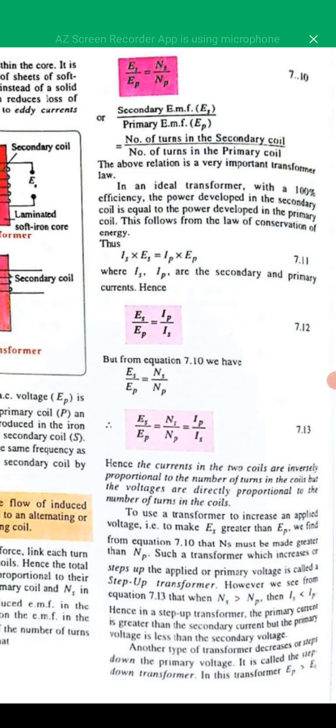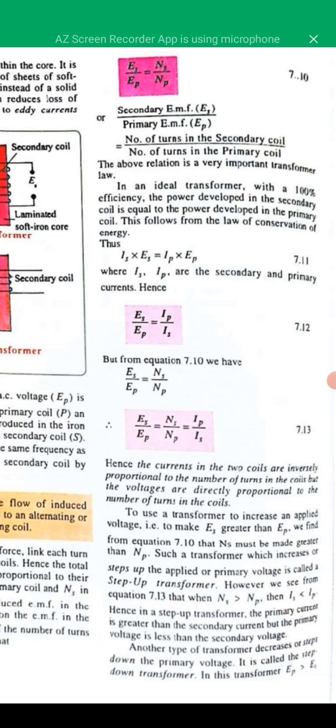I've explained that before. Now, however, we'll see from equation 7.13 that when the number of turns in the secondary coil is greater than the number of turns in the primary coil, it means that the current in the secondary coil is less than the current in the primary coil. Why? Because there exists an inverse relationship between them, and this will give rise to a step-up transformer.